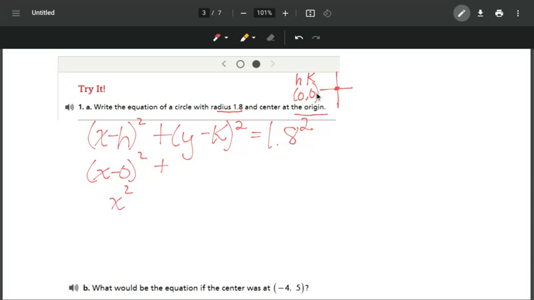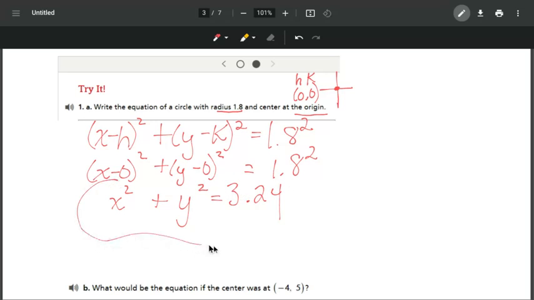Plus, the k is 0, so y minus 0 squared, but y minus 0 is just y, so plus y squared equals 1.8 squared, and I'll just square that. 1.8 times 1.8 is 3.24. So the equation is x squared plus y squared equals 3.24.